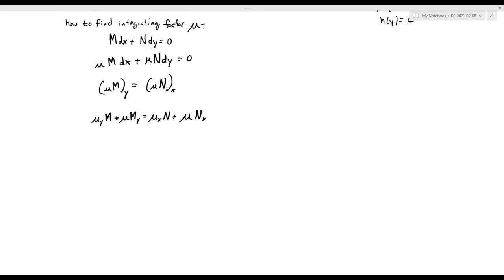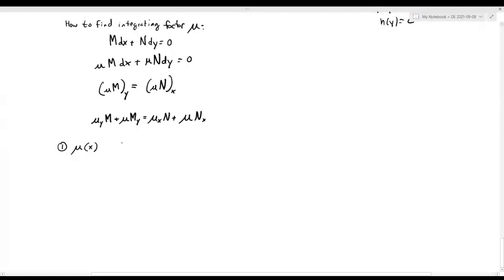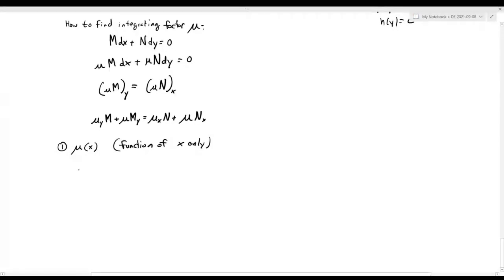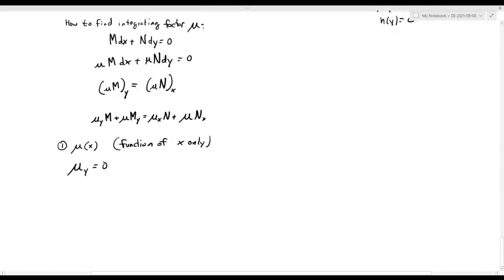So for example, the first case is that let's assume that the integrating factor is just a function of x. It's a function of x only, not y. So that's just an assumption, right? And so in particular, what that means is the derivative of the integrating factor with respect to y must be 0, because mu is just a function of x.